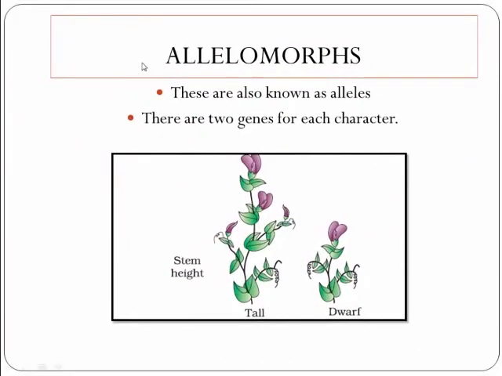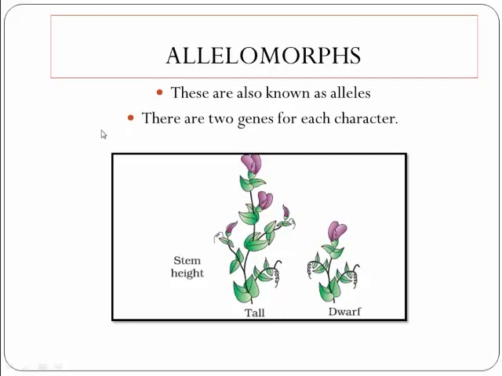Next term, which is very important to understand Mendel's work, is allelomorphs. They are better known as alleles. See, there are 2 genes for each character, and it has been noted that one gene controls one of the contrasting expressions of the character.